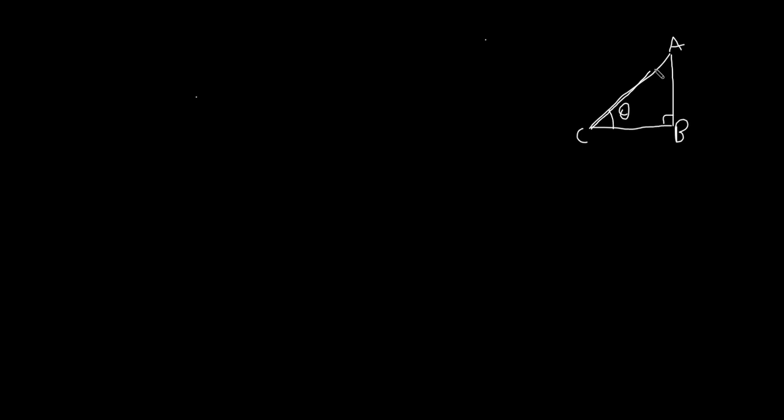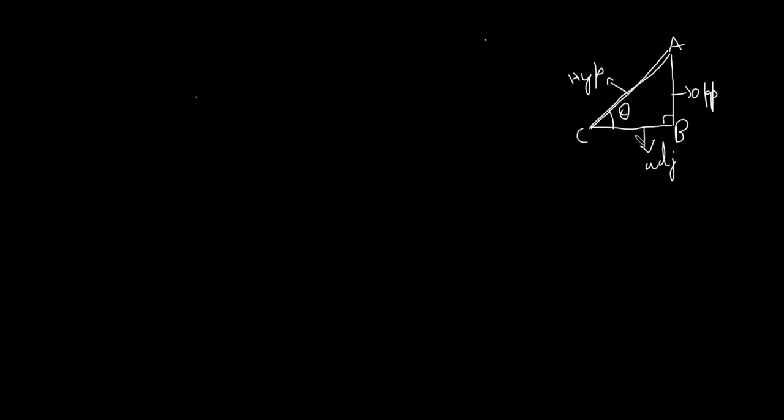This side we already know, it's the hypotenuse. Hypotenuse, this is adjacent and this is opposite. Now we know AC is the hypotenuse, BC is adjacent, and AB is opposite with respect to the angle theta.